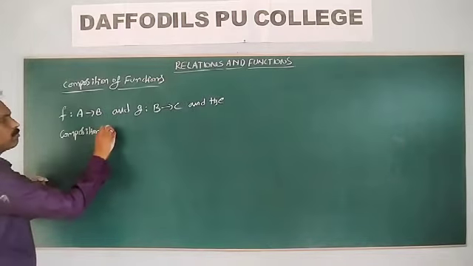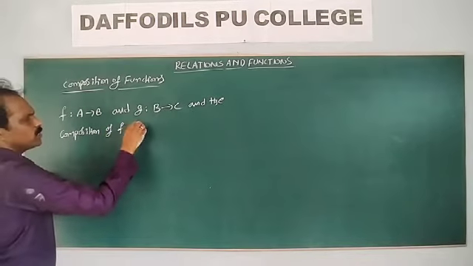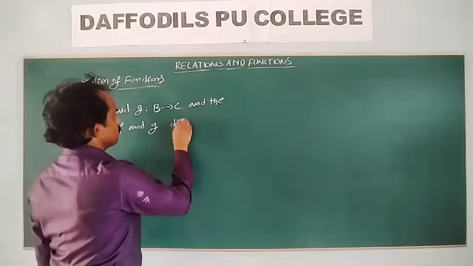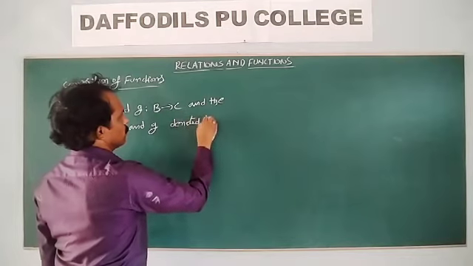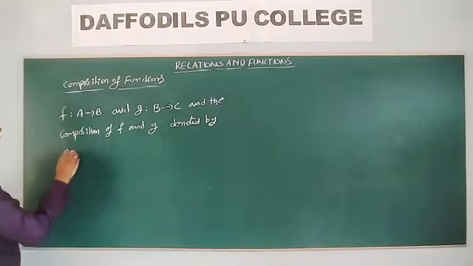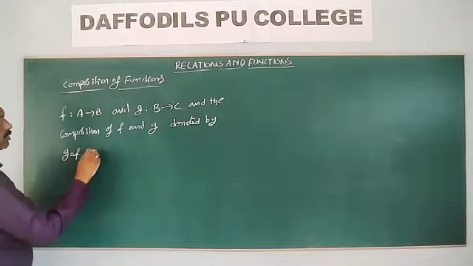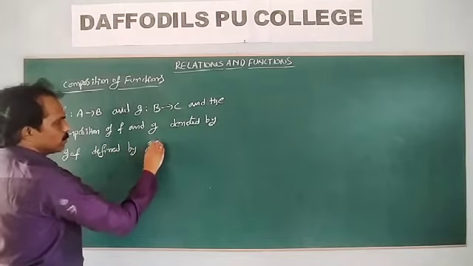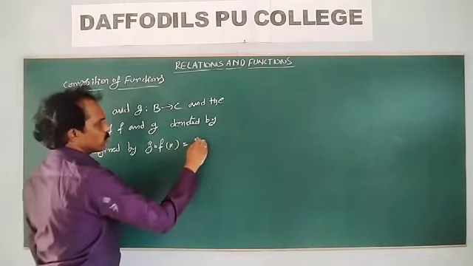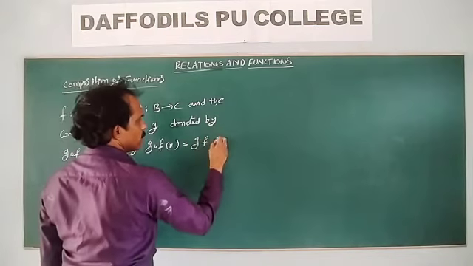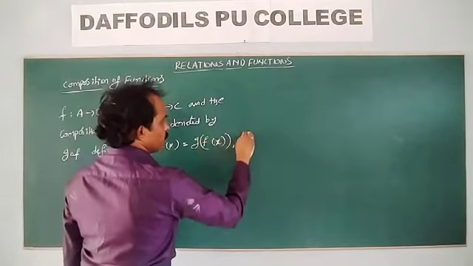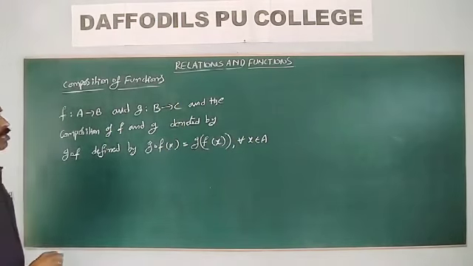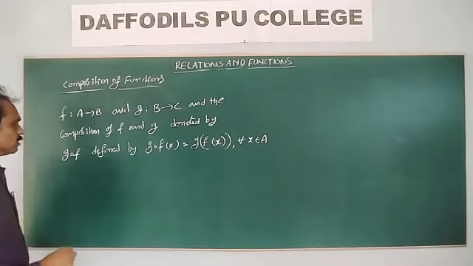The composition of f and g is denoted by g circle f, defined by (g∘f)(x) = g(f(x)) for all x belongs to A. So this is called the composition function of f and g.